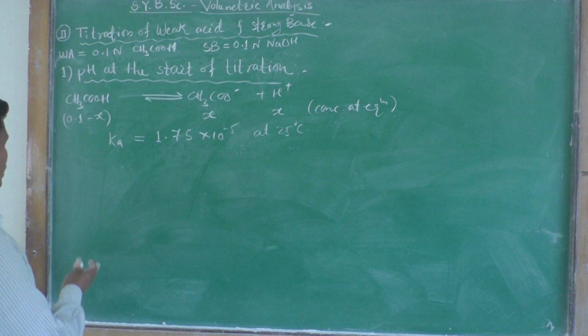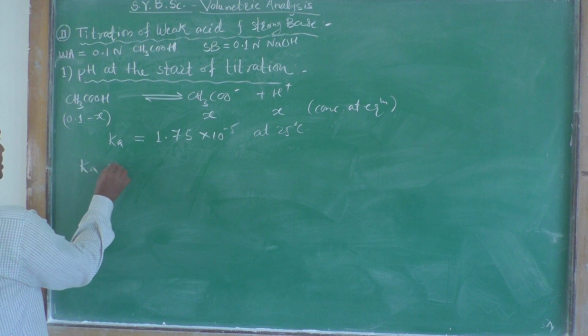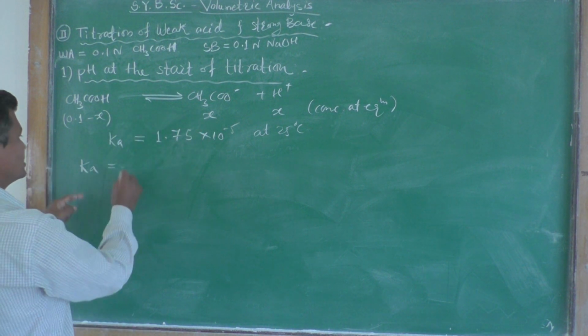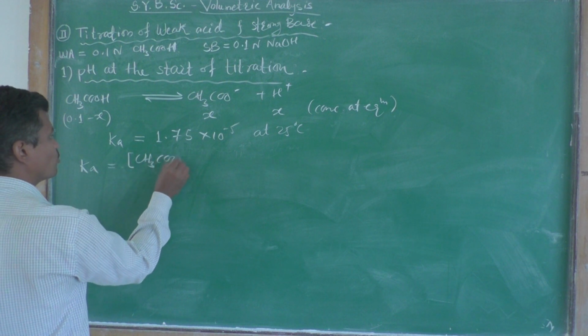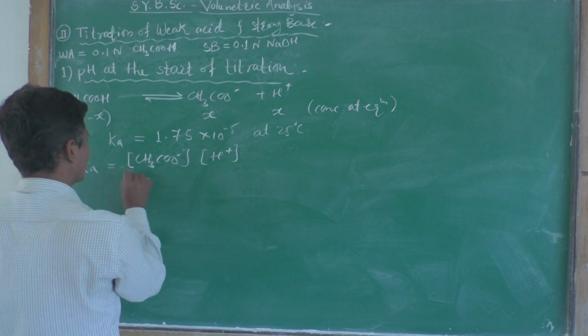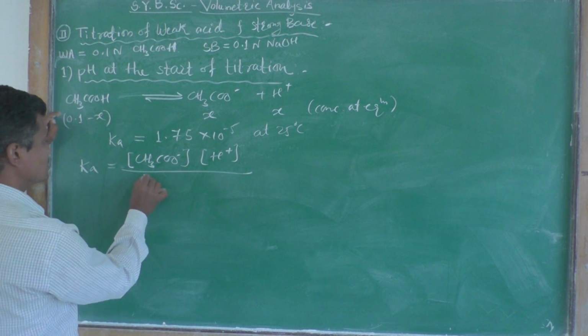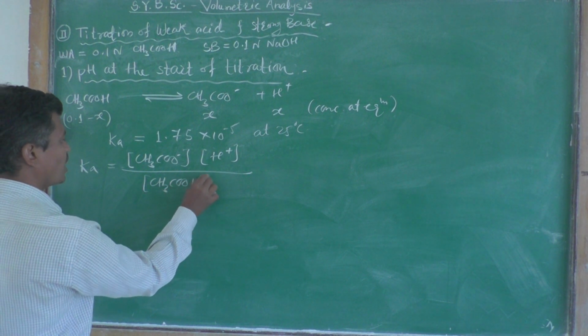Now we have to calculate the dissociation constant Ka. For this equation we can write the concentration of acetate ion CH3COO minus into the concentration of H plus, divided by the concentration of undissociated species, which is acetic acid CH3COOH.